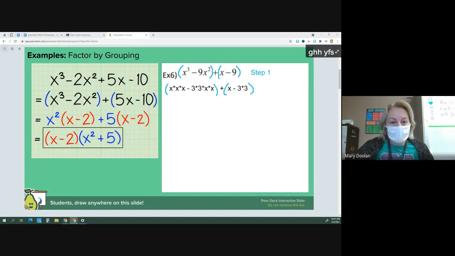So I want to know, is there a GCF of these here? And I can see there probably is, yeah, because look, here's an x. Here's an x. Here's an x. Here's an x. So just these 2 terms have a GCF of x squared, or x times x.